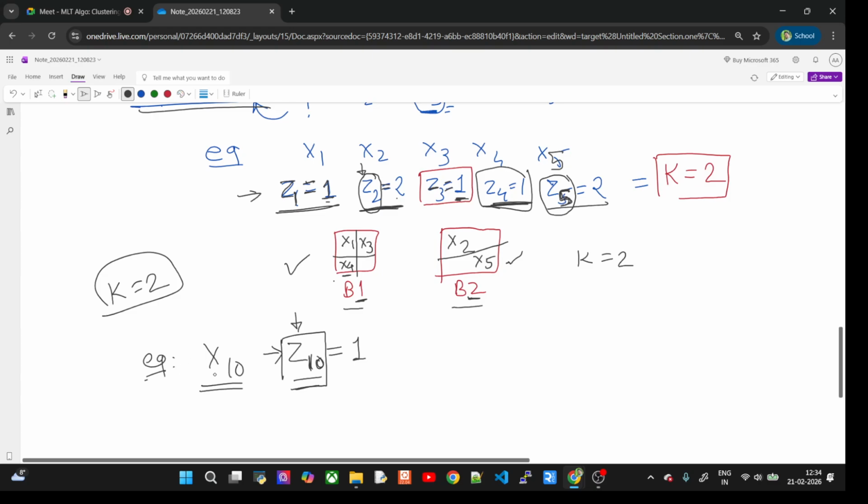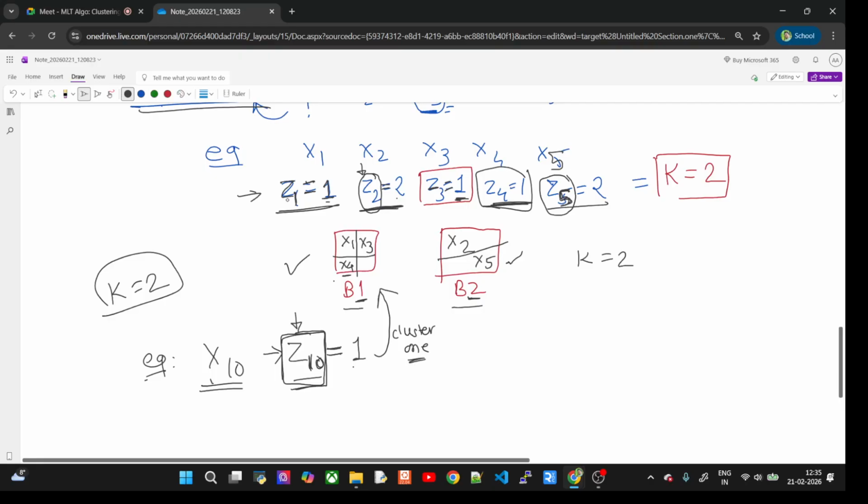So my data point x10 has cluster indicator z10 with a value of 1, which means it will go into box 1, or cluster 1. If you understand these representations like x1, z1 and so on, then it will be easy.